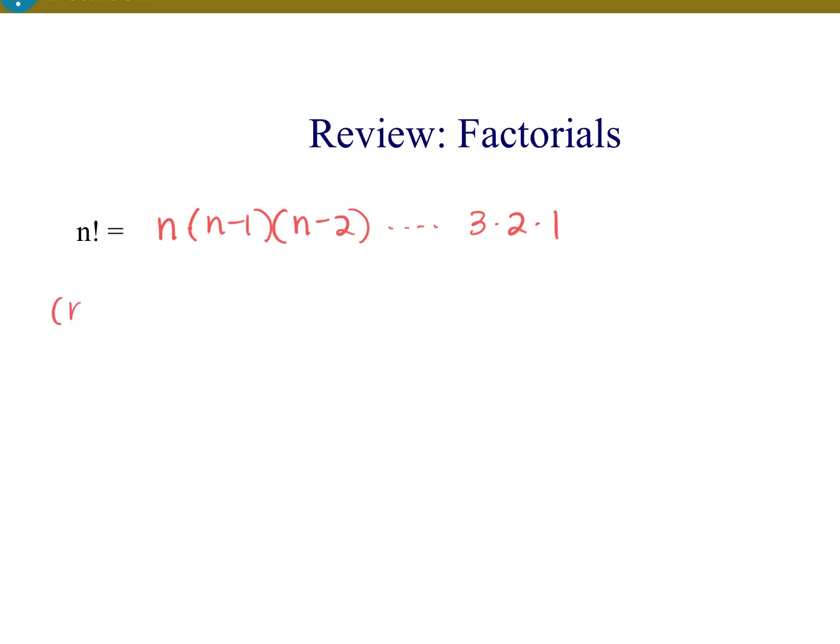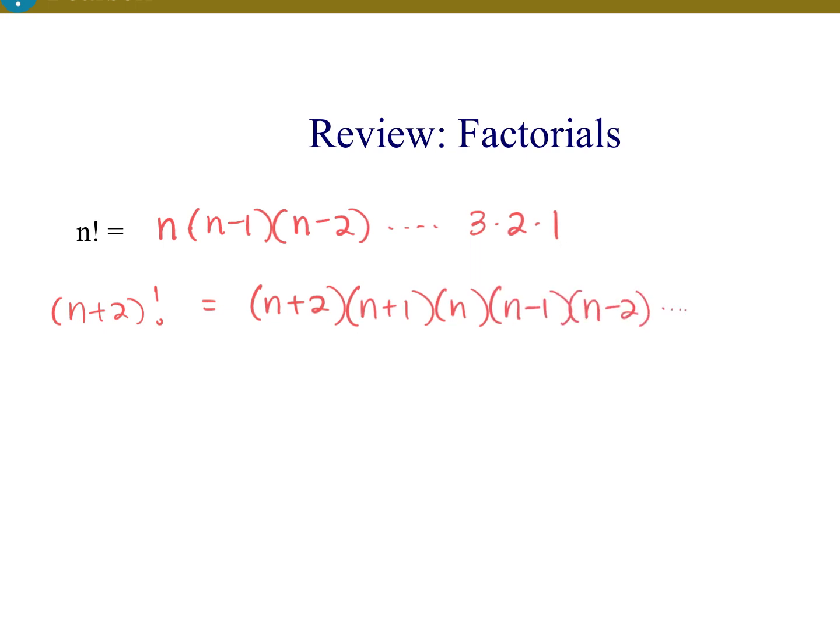So if you had n plus 2 factorial, I usually start with the biggest one. The biggest number would be n plus 2. And then before that would have been n plus 1. And before that would be plain old n. And then before that is n minus 1 and n minus 2.